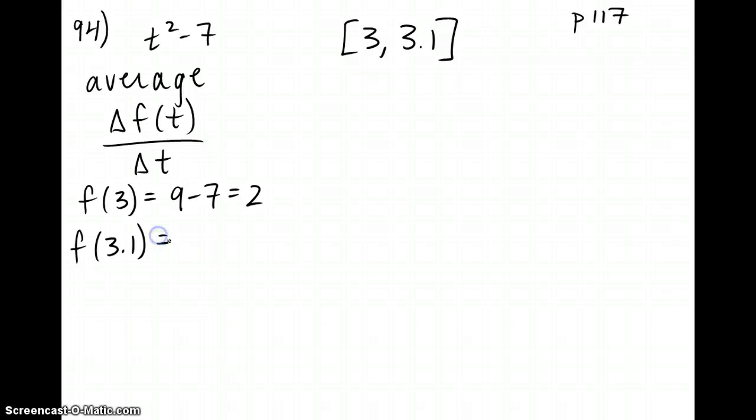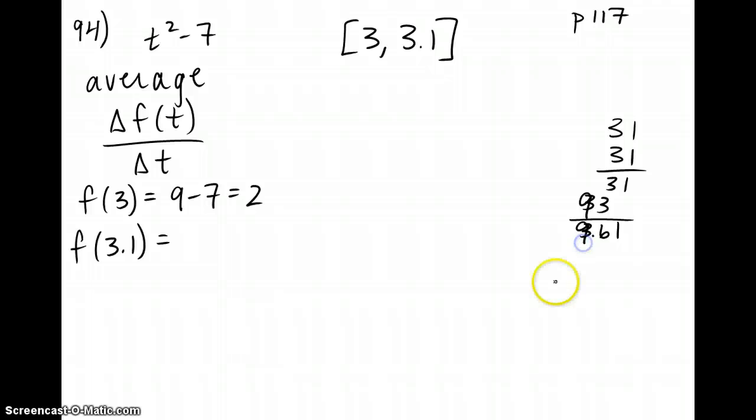So we need f of 3.1. I knew that something was awry there. This should be 9.61.